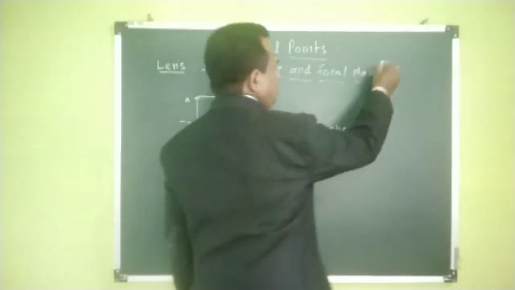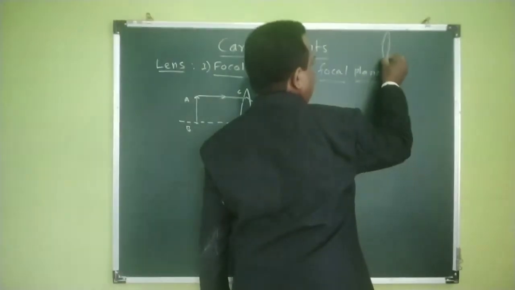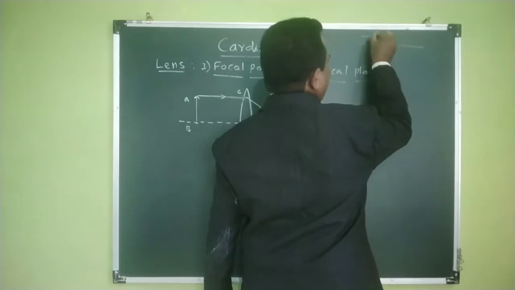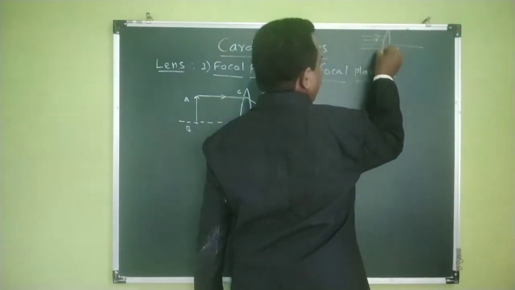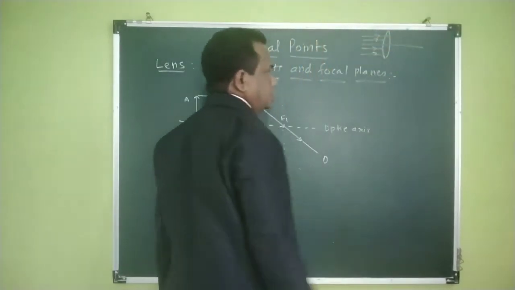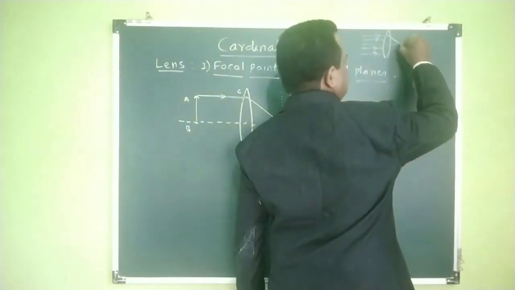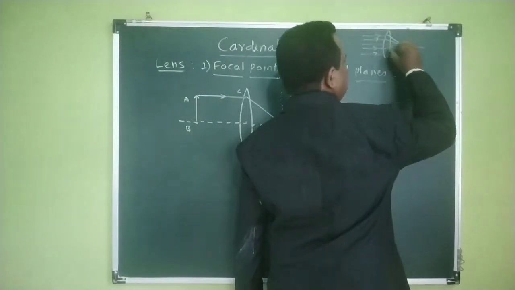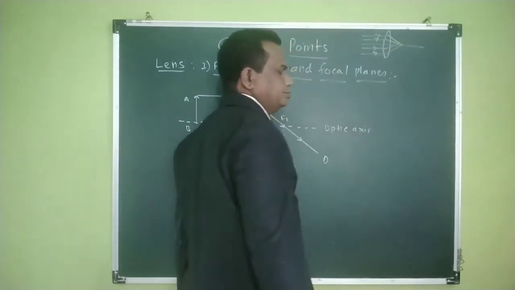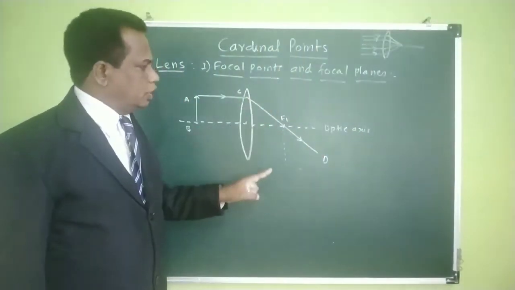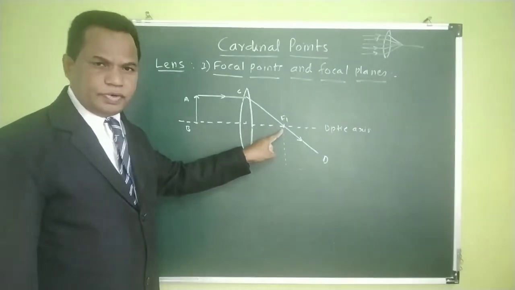I will draw one more diagram. Here there are a large number of rays parallel to the optic axis. You know that all these rays come to focus at a single point. This point is called the focal point. Similarly, this point is called the focal point.